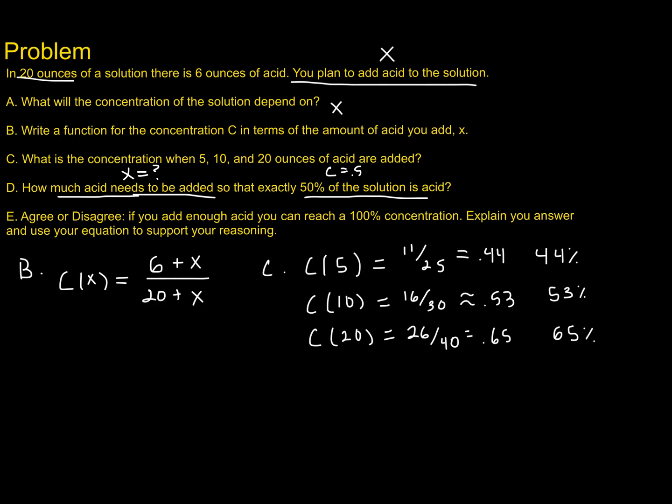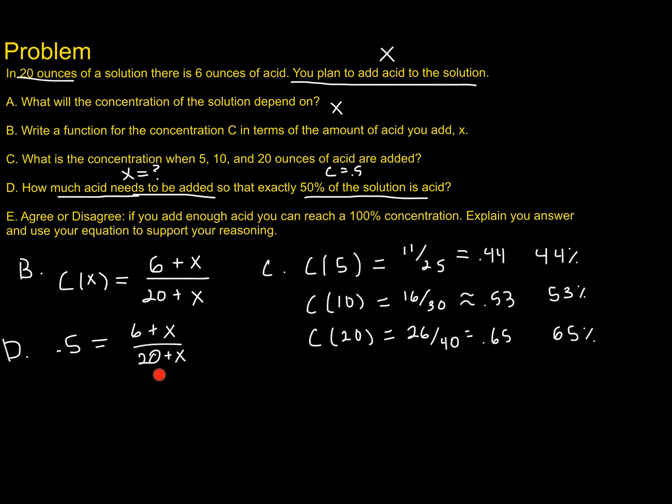And so now I can actually use my equation that I've written to solve this situation. So I have 0.5 is equal to 6 plus X over 20 plus X. And this is easy enough to solve.